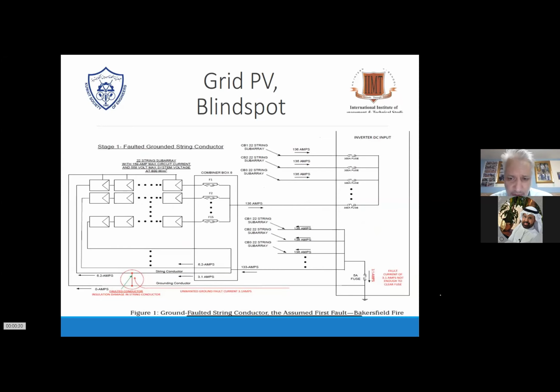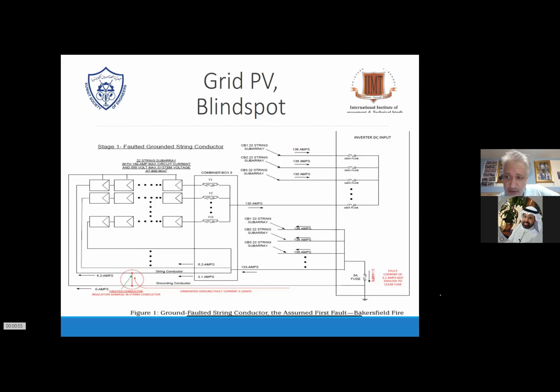That's a system in America, the Bakersfield fire. They found out that there was a faulted conductor, and they use, for example, 5 amp fuses, as a precaution from the negative or positive towards the earth. And there was 3 amps running on a 5 amp fuse.